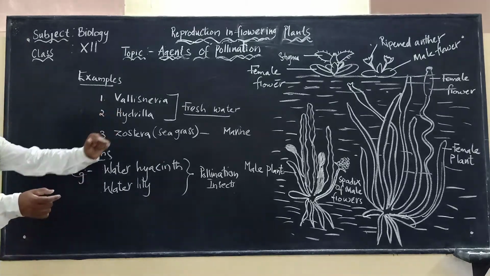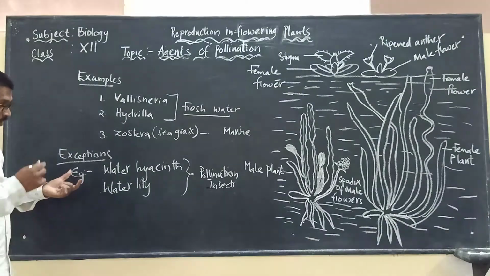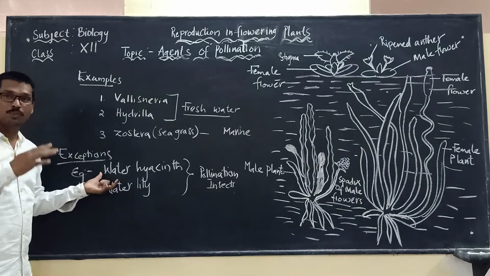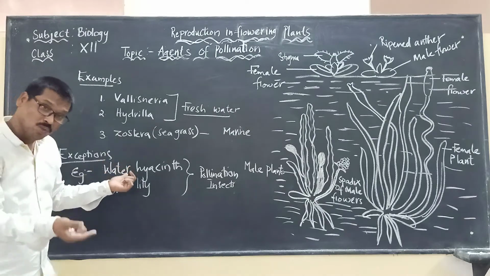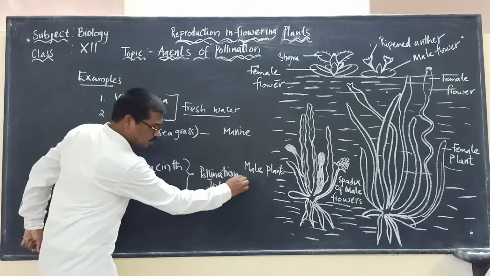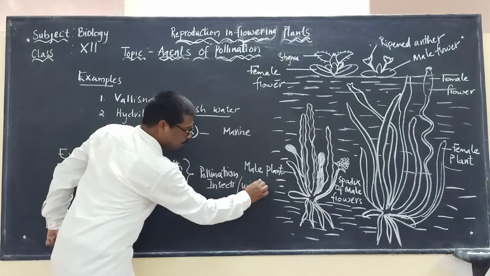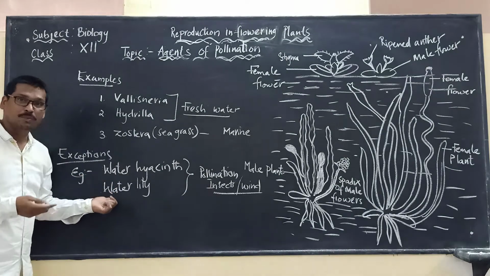The exceptions are water hyacinth and water lily. The flowers are above the surface of the water, and that's why water is not used for pollination. So how does pollination take place in these plants? It is by insects. And please remember, not only insects, wind also helps in the process of pollination in these two plants.